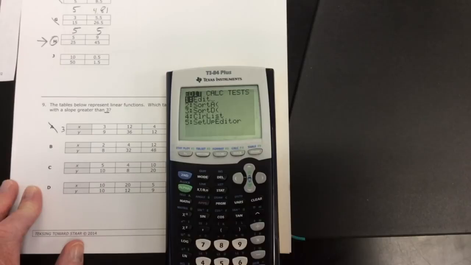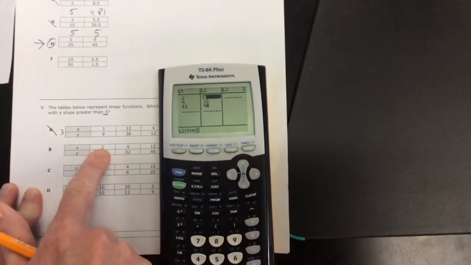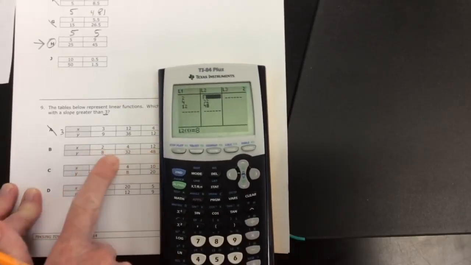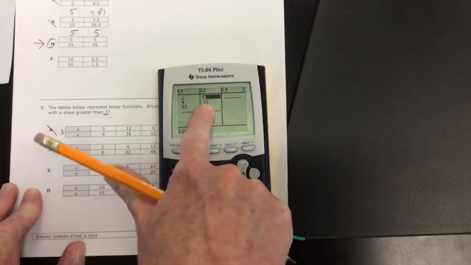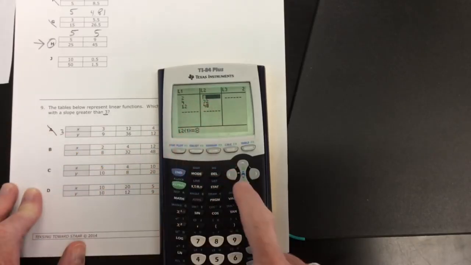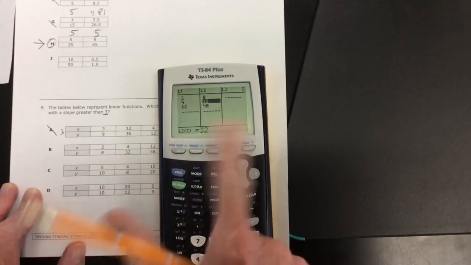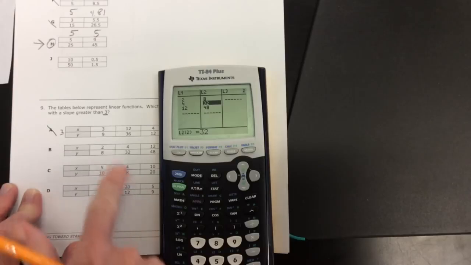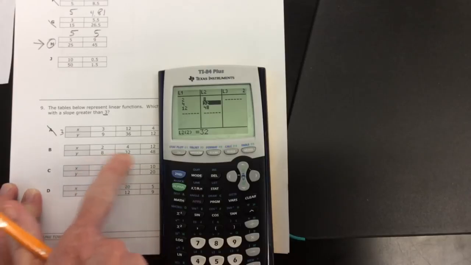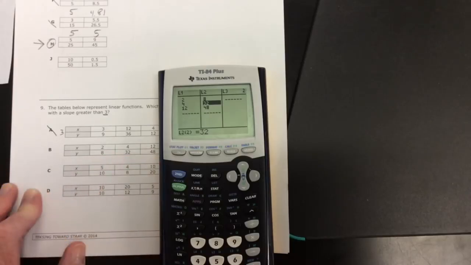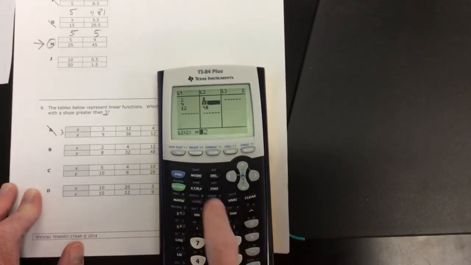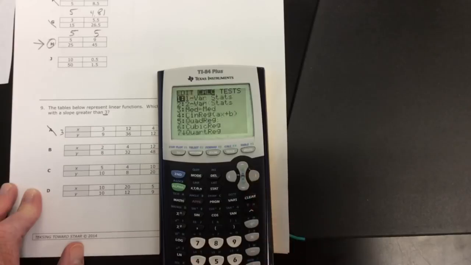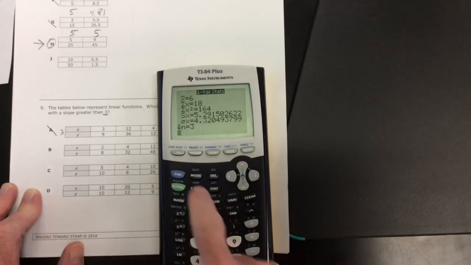Stat, edit, 2, 4, 12, 8. Oh, I made an error here. See how it messed up? So the reason I knew I made an error was because they had a value in B. So let's correct this and put, oh no, it's not an error. 8, 32, 48. Well, let's see what we get anyway. Stat, calculate, enter. That's something else.